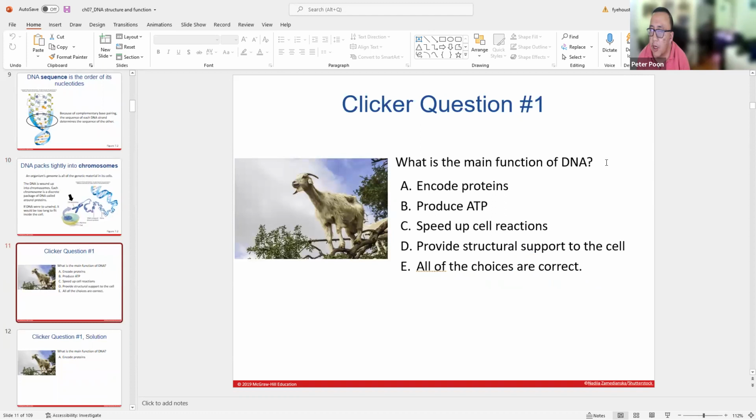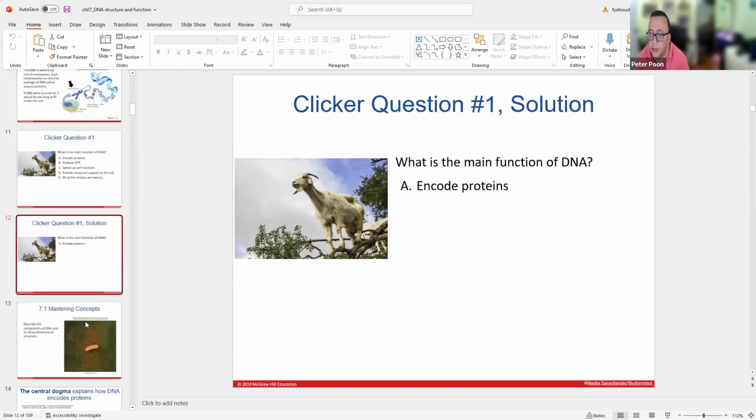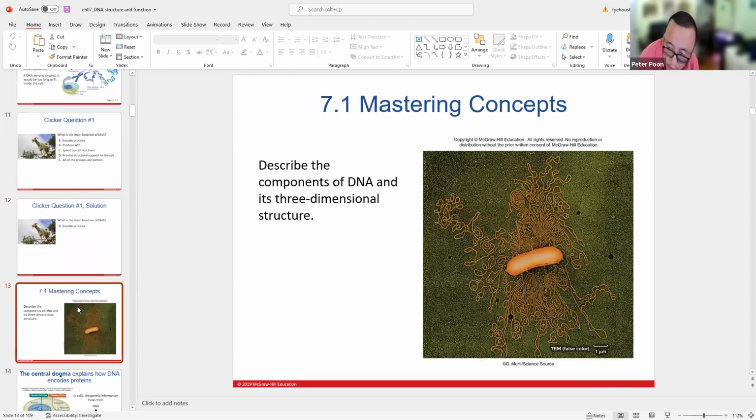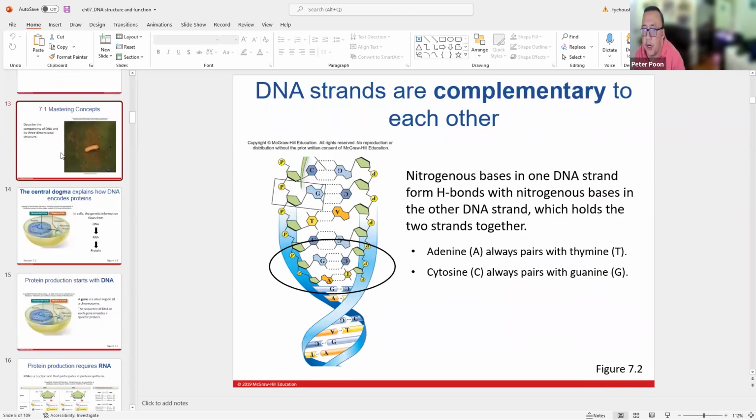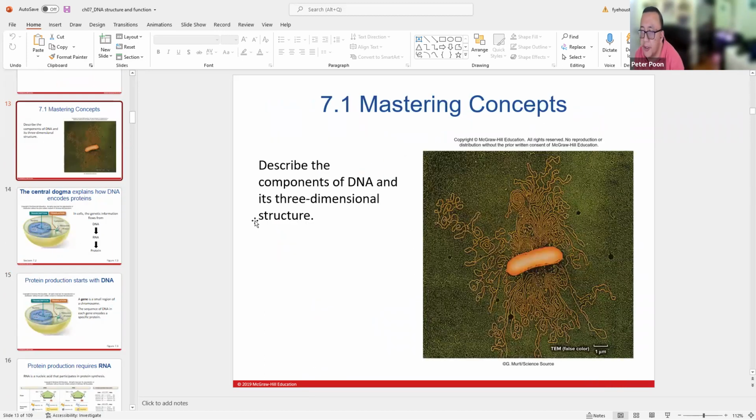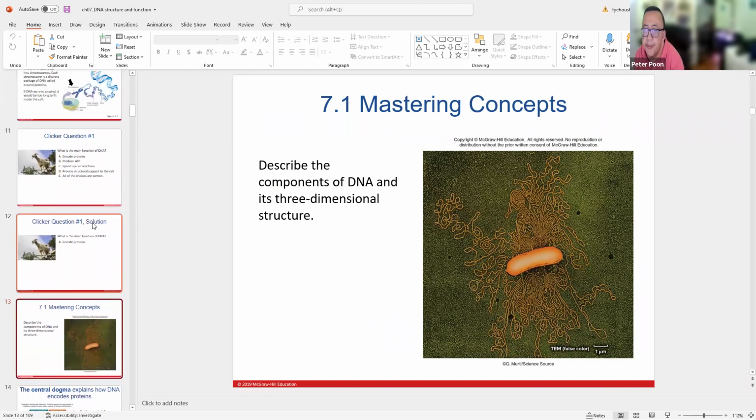So question number one: what's the main function of DNA? The main function of DNA is to encode proteins. Next, describe the components of DNA and its three-dimensional structure. Make sure you're able to do that because that will be on the quiz.